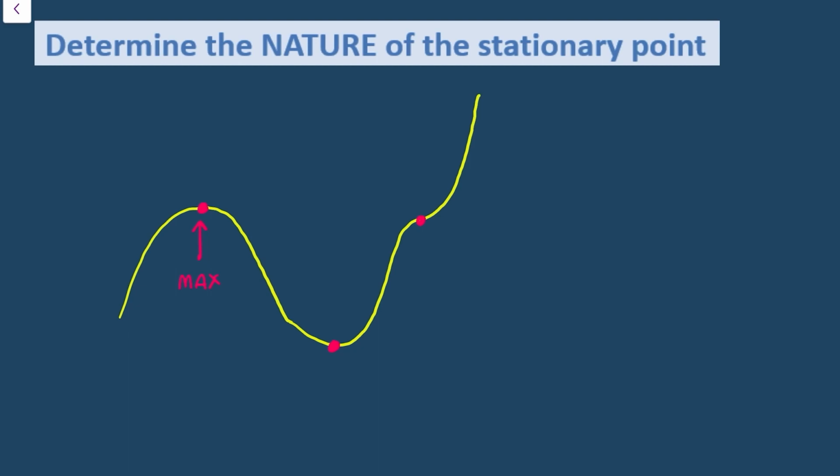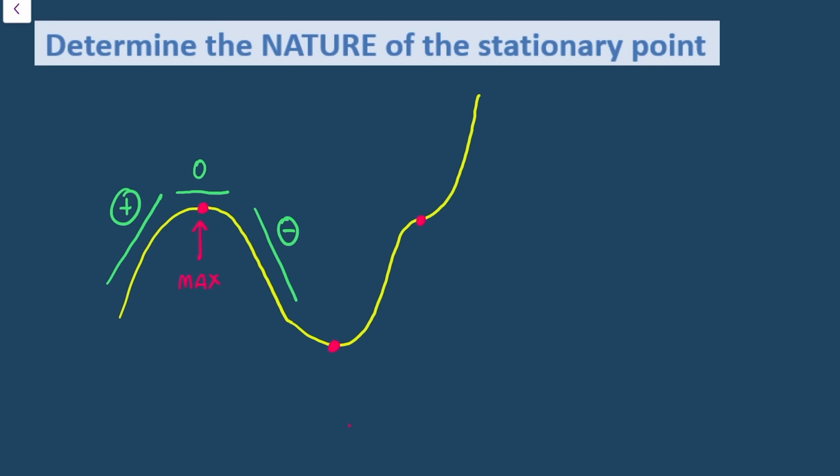And I know it's a maximum point because the gradient actually changes from positive to, well, it's 0 there at the maximum point, to negative. So for a maximum point, the gradient goes from positive to 0 to negative. Okay, so that's how you can determine whether something is a maximum point.